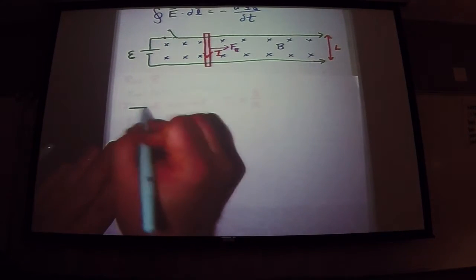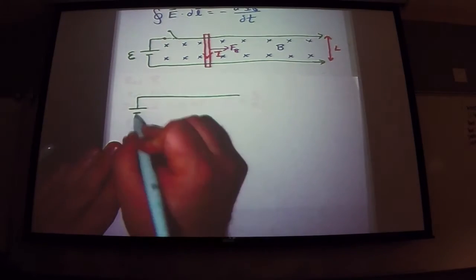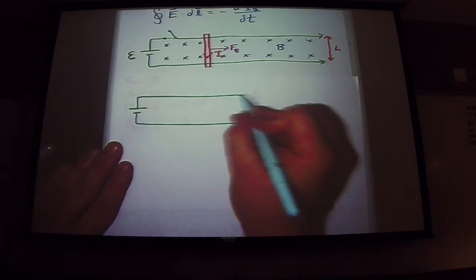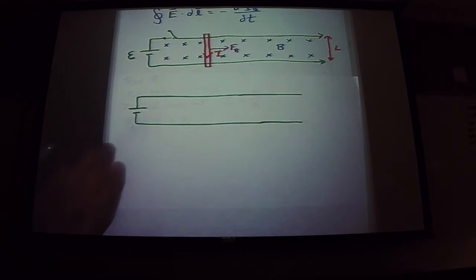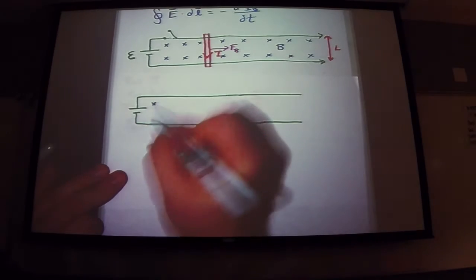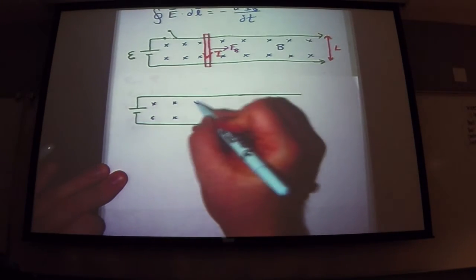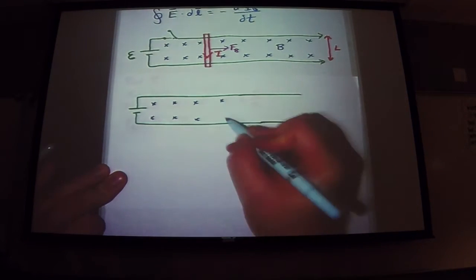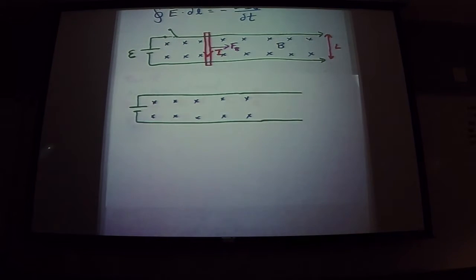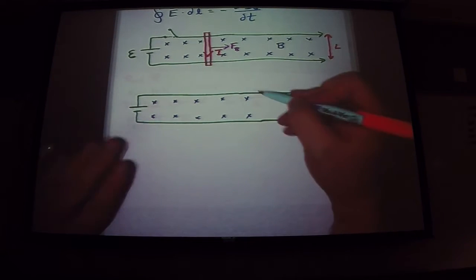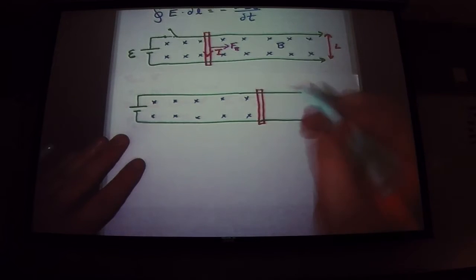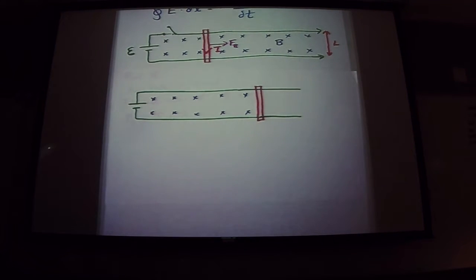Here's my regular battery, wire. This is all nice and closed now. I've got my V here. And now this is a bit later. I've got this rod over here, and it's moving with some velocity v.